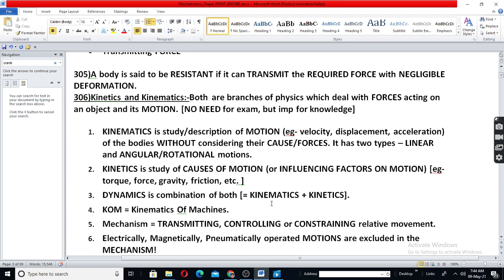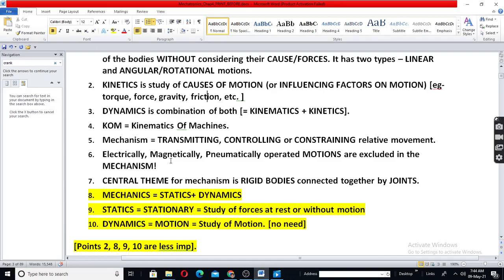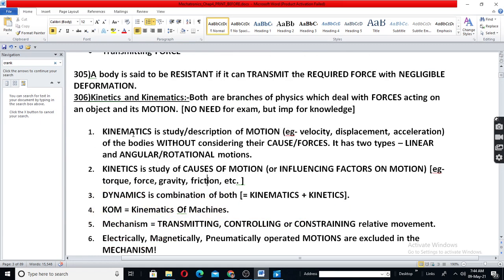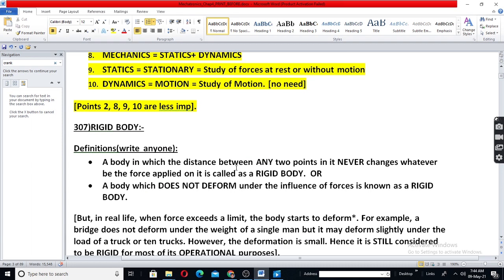Kinematic link. Kinematics means the study of motion without bothering about the causes. In all these things, we need only kinematics.